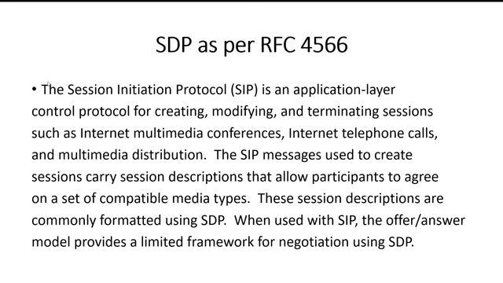INVITE sip, the phone number at the IP address. It's not always that you will have an IP address. It could also be a domain, for example, at collaboration.com. So it doesn't always have to be an IP address. It can be a domain, a host version as well. Okay.